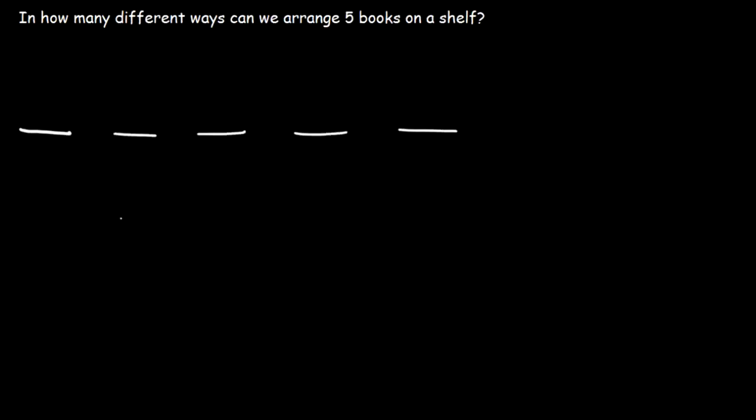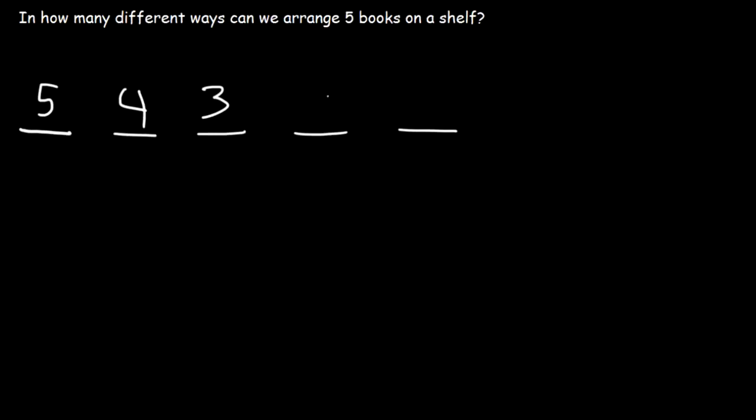In the first position, we can choose any of those 5 books. So we have 5 options. Now, once we place the first book in the first position, there's 4 books left over to choose from. So we could put any of the 4 books in the second position. Now that we've placed 2 books, we have 3 left over, so we could put any of those 3 books in the third position.